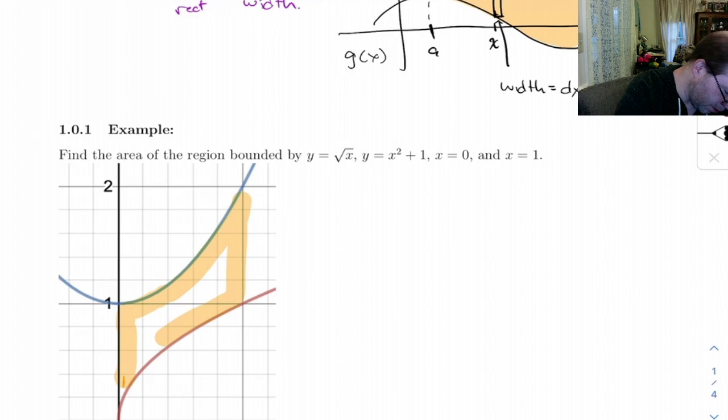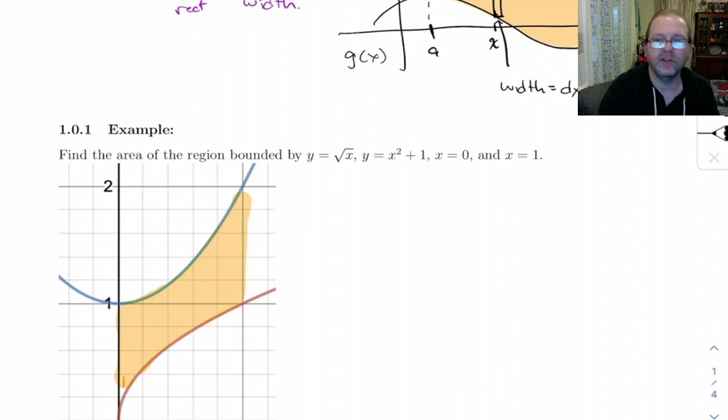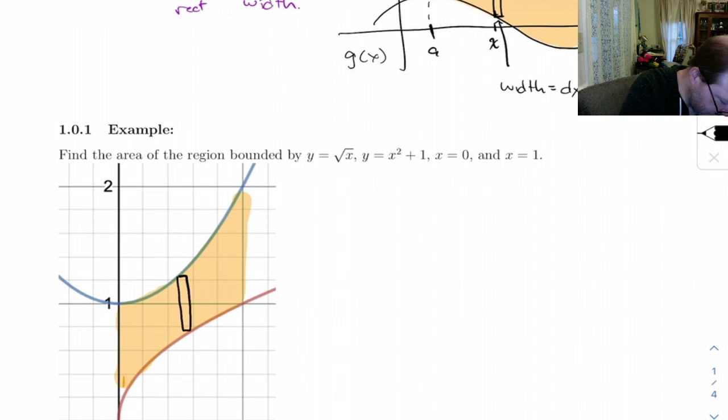Here's the area. Unfortunately, this program I use doesn't have a fill tool, so I have to just color it in manually. All right, so a rectangle would look like this. I'm just going to draw it somewhere in here. And so the parabola, this one's on top, and this one's on bottom.